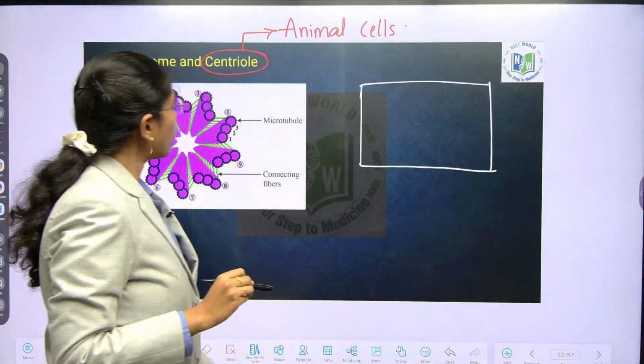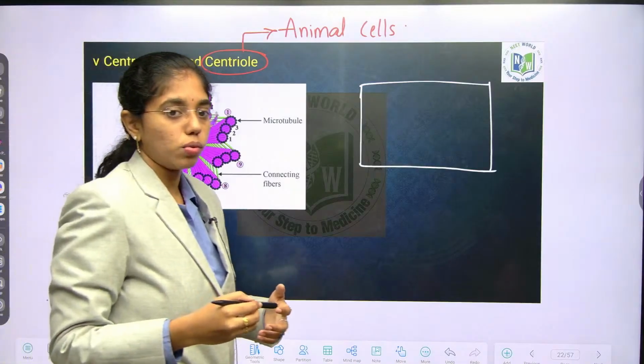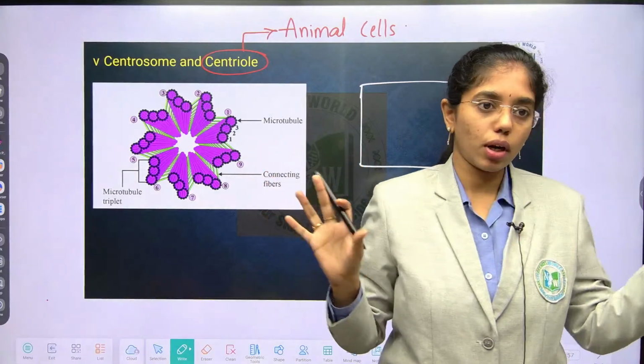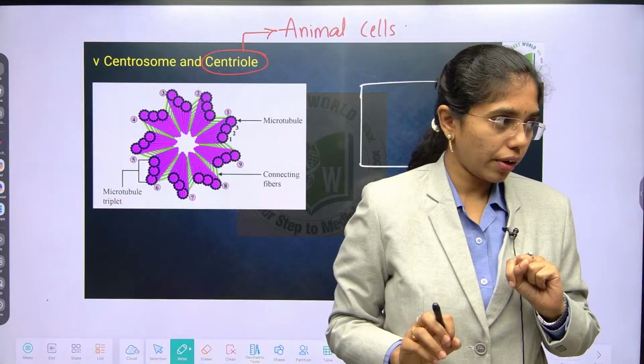First you have to know the major uses of the centrioles. Usually most of the students get confused between the centriole structure, cilia and flagella. What is this and what is that? What is the duty of this? What is the duty of that? First you remember about centrioles.